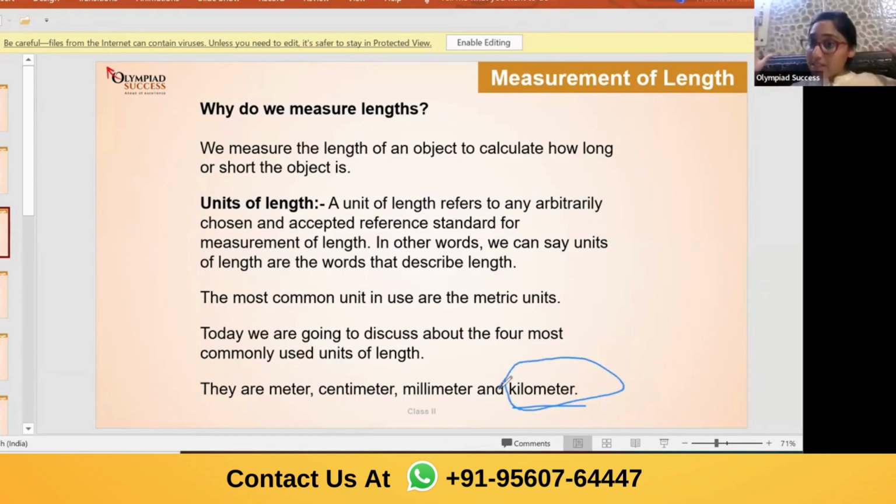Because it is very long, we cannot use a scale or a handspan. Your clothes are not that long, so we can measure in meter. Is it clear to you all?